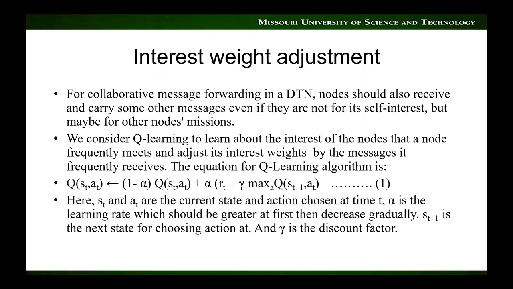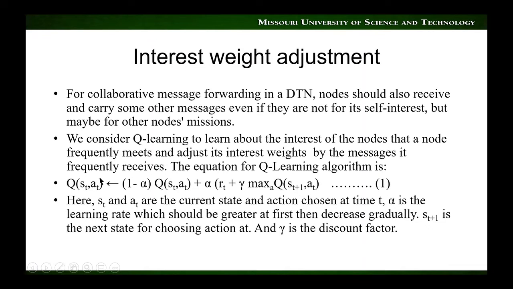That's why we have to adjust Chuck's interest also, so that it will be willing to forward the message from Alice to Bob. So we can adjust the interest based on nodes' contact using Q-learning, which is a popular algorithm of reinforcement learning. This is the equation for Q-learning.